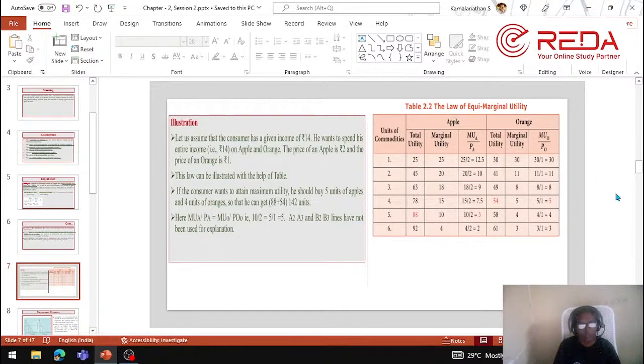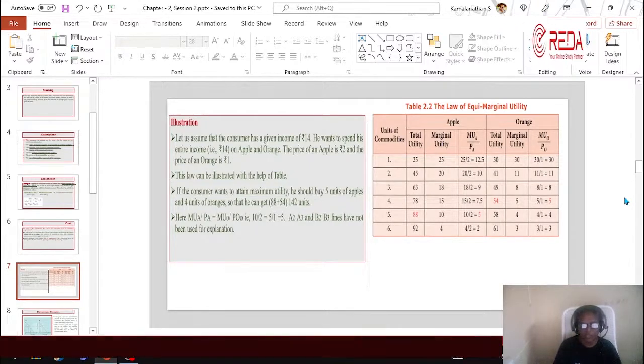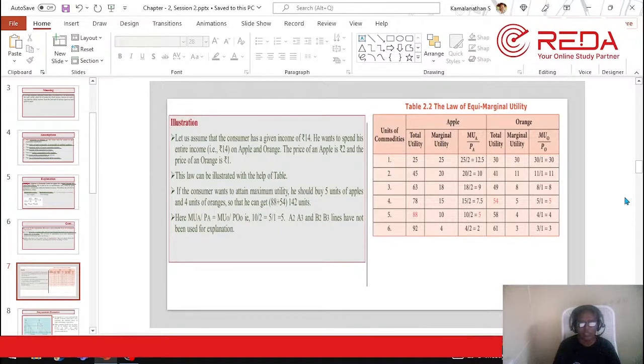Next, you come to the third unit of orange. The total utility will be 49, marginal utility will be 8, and when the price is 1, the marginal utility is 8 by 1 equals 8.